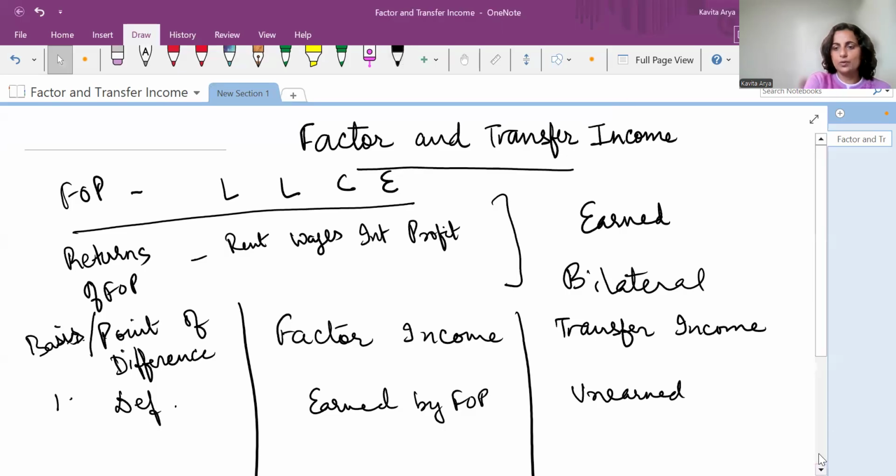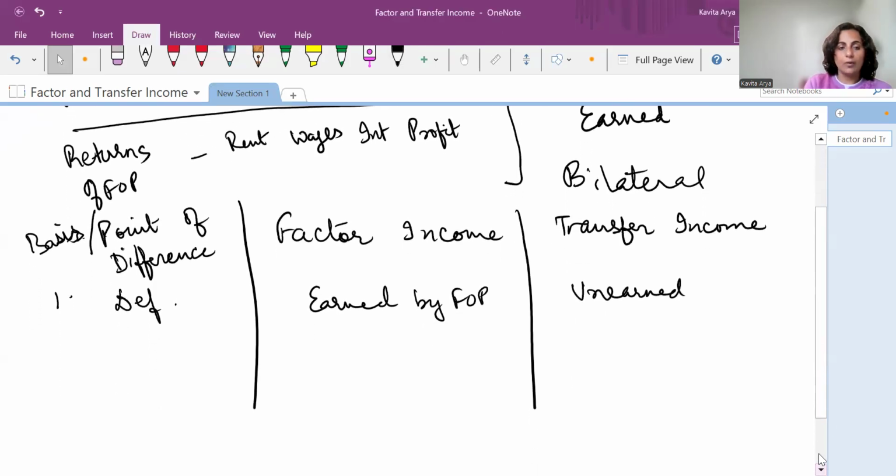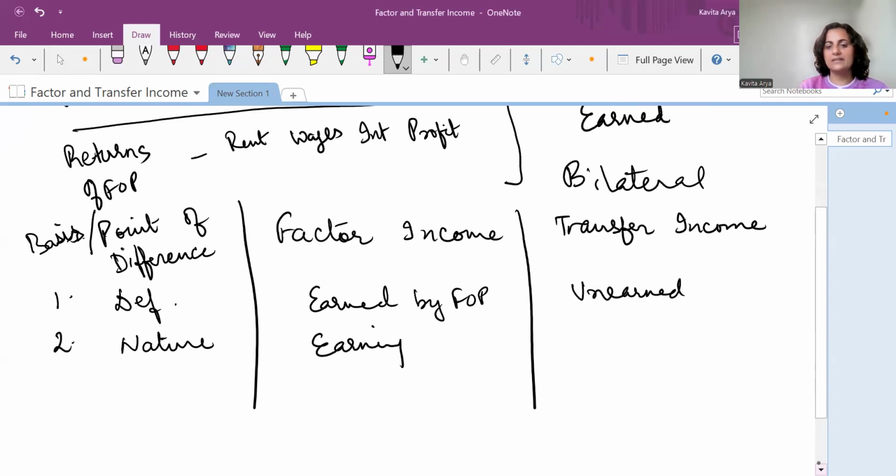Next point, its nature. The nature is, it is based on the earning concept, and this is based on just the receipt concept. You are receiving it with nothing to be given in return.